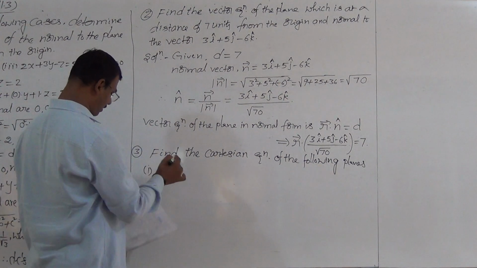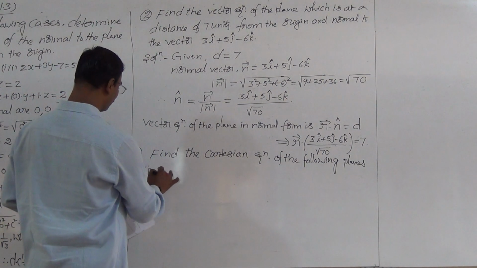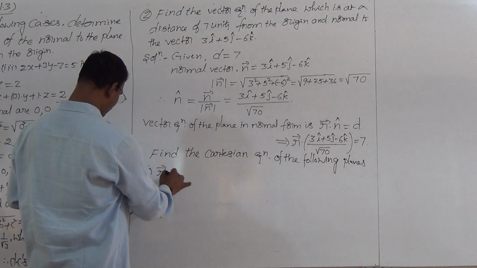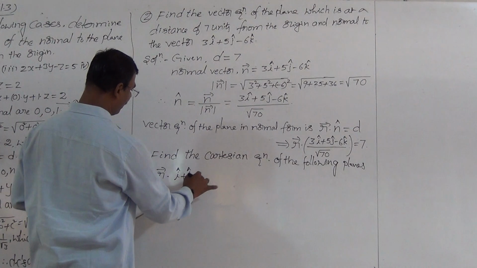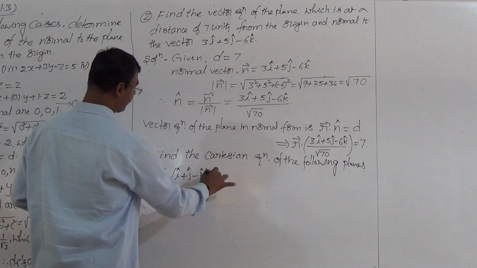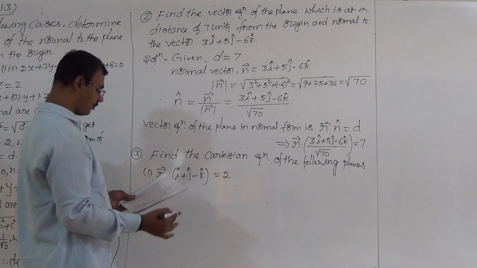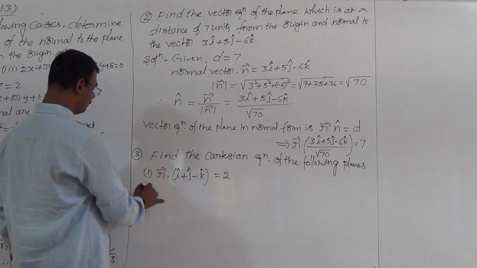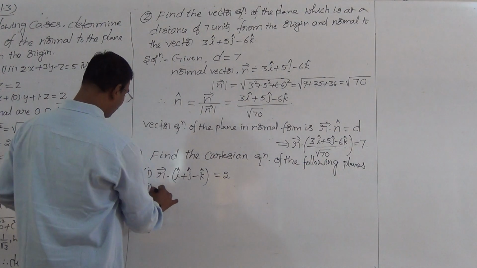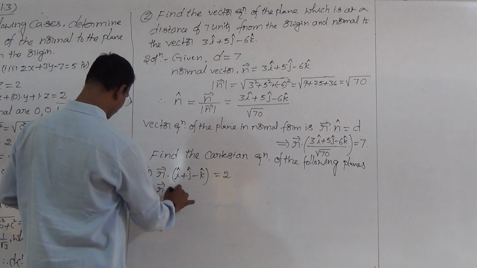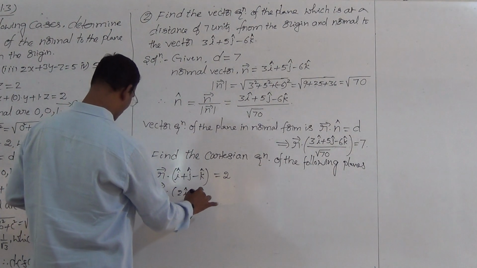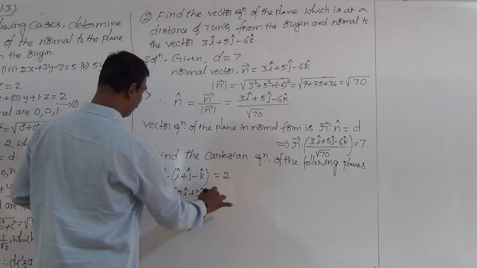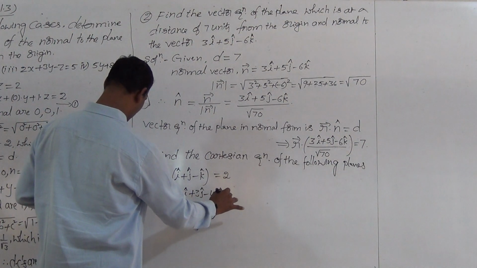So first bit, very simple problem: r bar dot i bar plus j bar minus k equals 2. Second bit: r bar dot 2i plus 3j minus 4k equals 1.